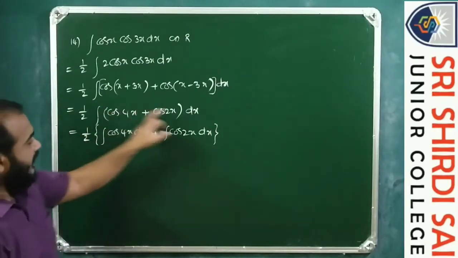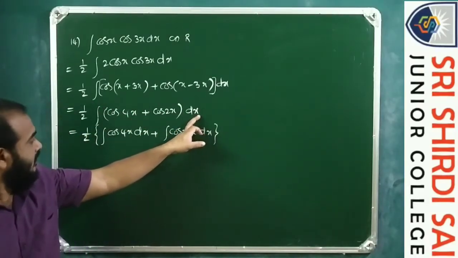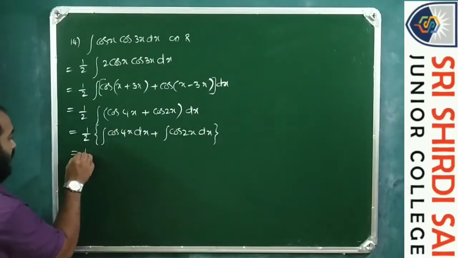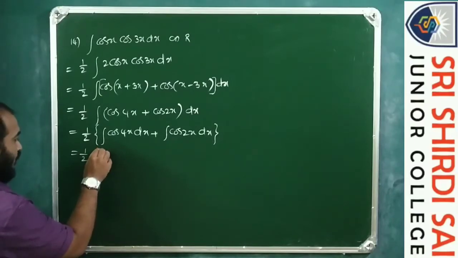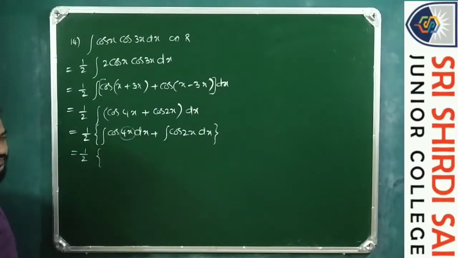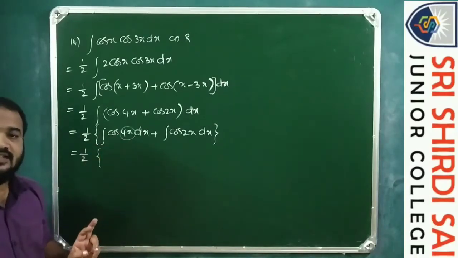So the integral dx is distributed over these two integrands. So this is 1 by 2 into integral cos 4x. Let us treat 4x as x. Integral cos x dx is sin x.